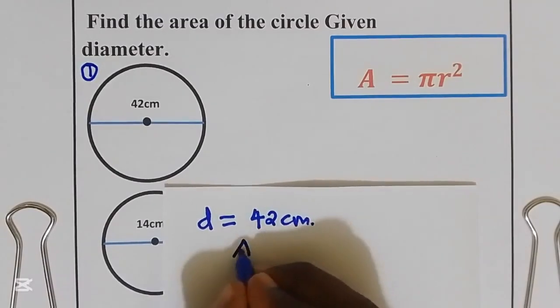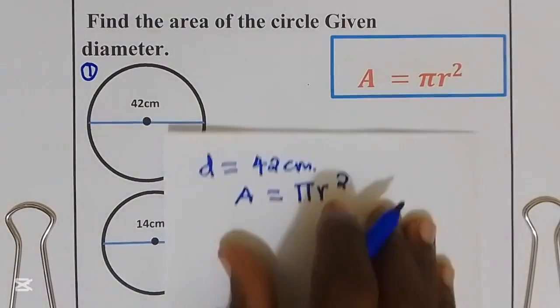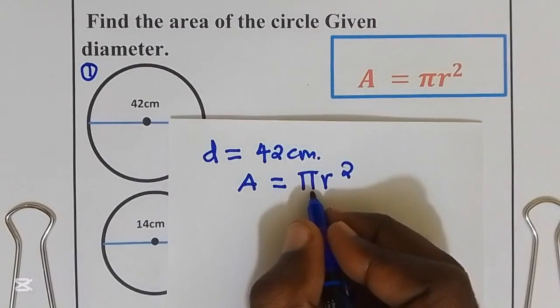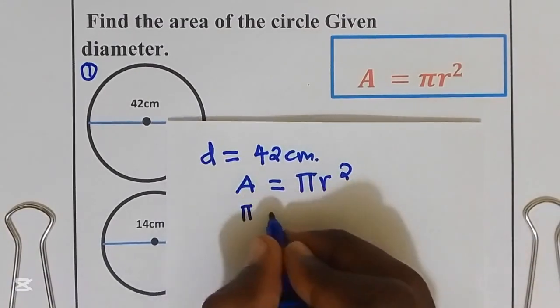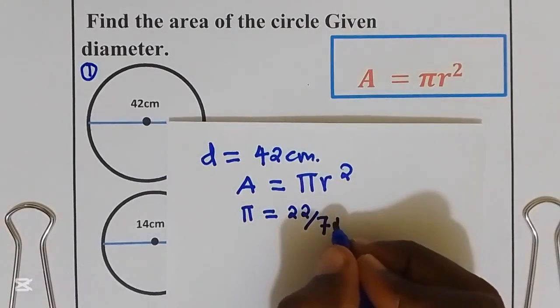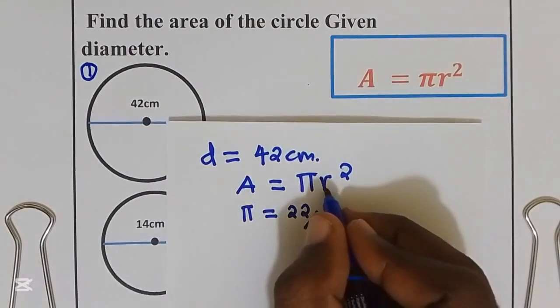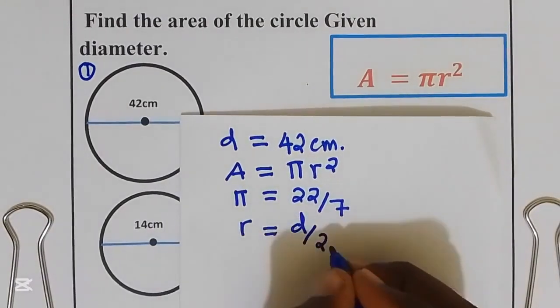Area is given by pi r square, where pi is the ratio of the circumference of a circle to its diameter, given by pi is equal to 22 over 7, and r we can get from d, r is equal to d over 2.